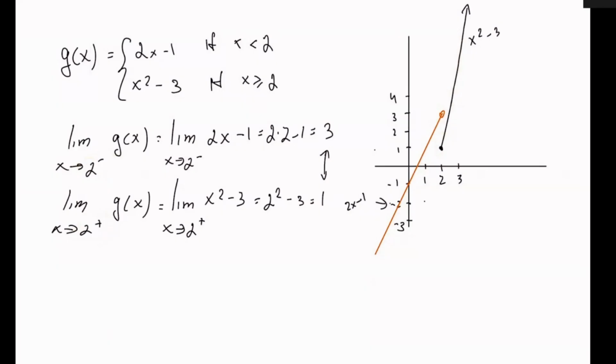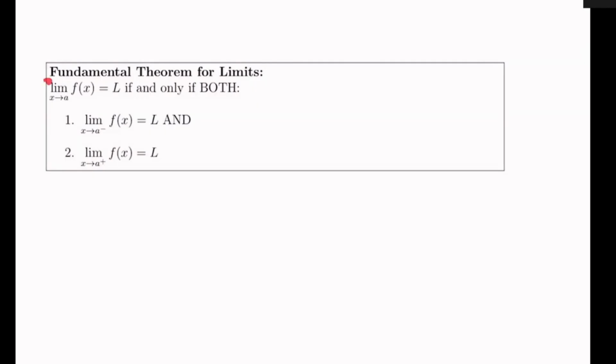Now this connects to the definition of two-sided limits and the relationship to one-sided limits. The limit of f of x as x approaches a equals L if and only if both the left side limit and right side limit exist and are equal to the same value, the same L. So think of it this way.